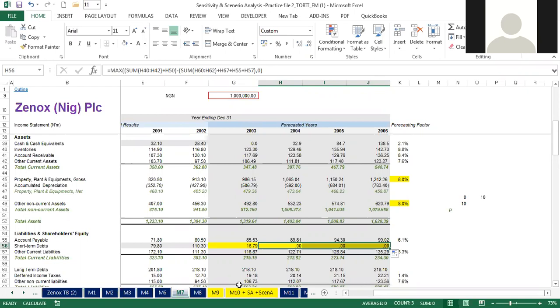Because sensitivity and scenario analysis is the most useful aspect of this model, or any financial model. If someone asks you, can you prepare a financial model, maybe a 3-statement model, do a forecast, and the person goes ahead to ask, can you do sensitivity analysis? And you say no, you don't know anything about financial modeling. That's the truth.